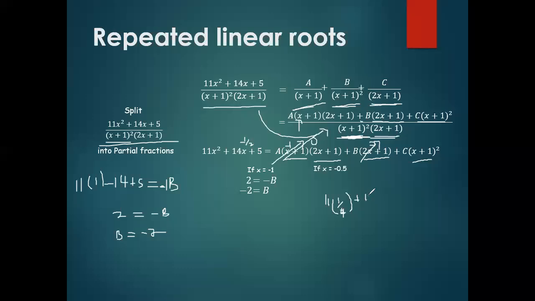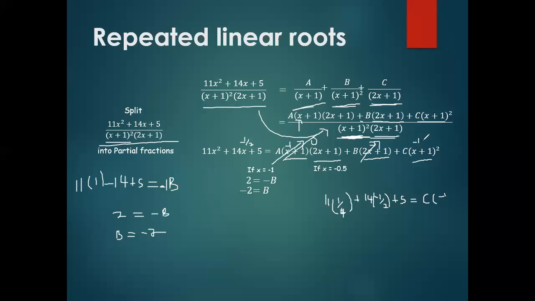For the meantime, let me write 14 times negative half, plus 5, equals C into bracket minus half plus 1.